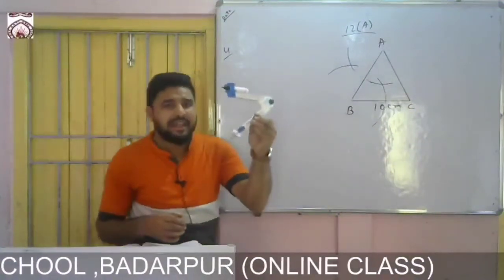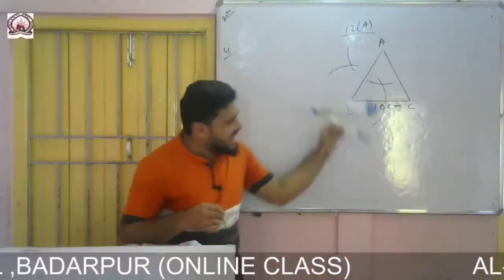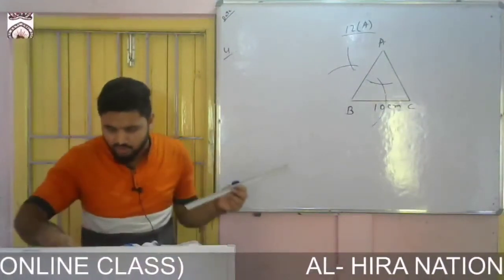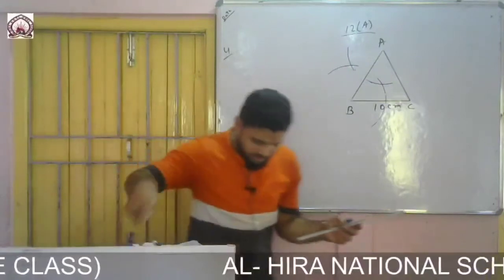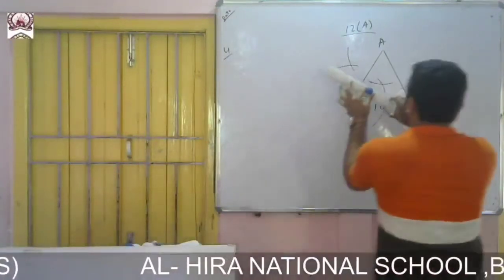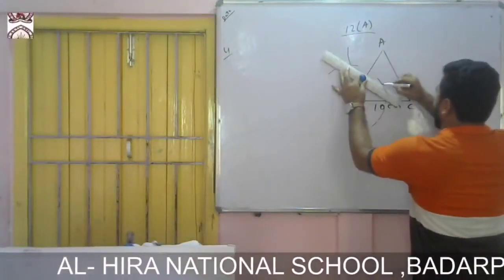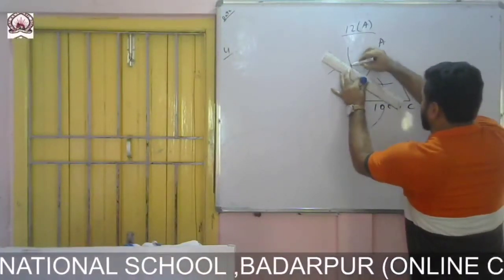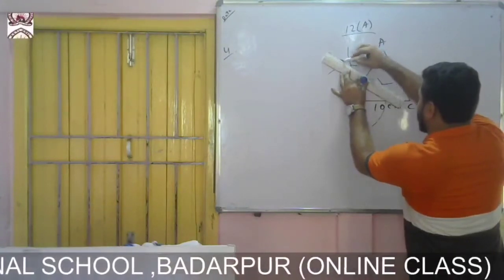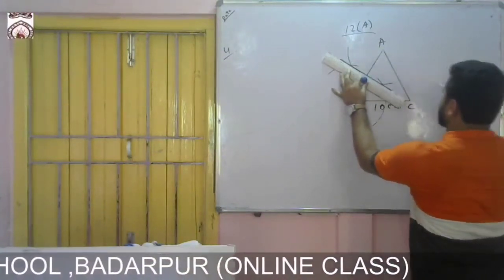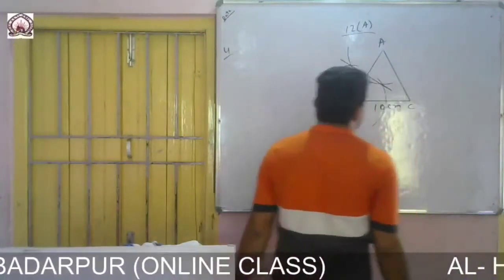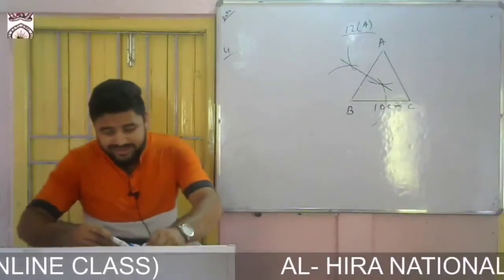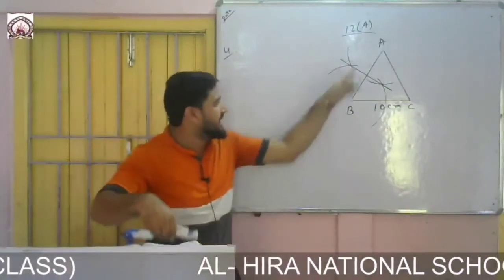Then without changing the radius, do the same steps. Join these two. Join these two lines. Now do the same steps whatever you have done in AB.